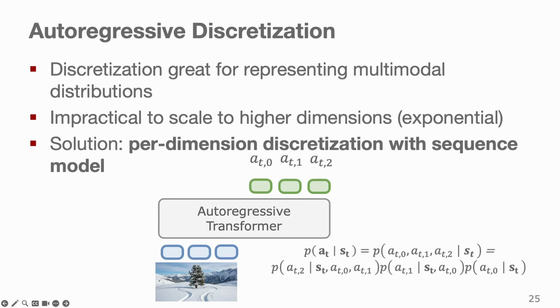How this works is that you autoregressively predict every action dimension. With the chain rule, you can see that this ends up predicting the probability of the action given the state.